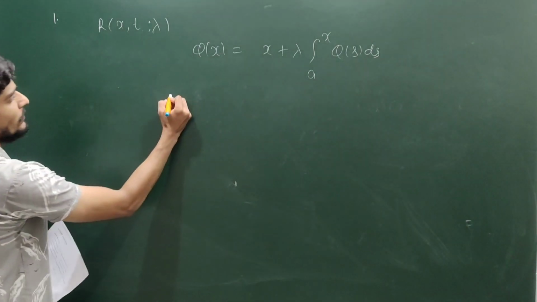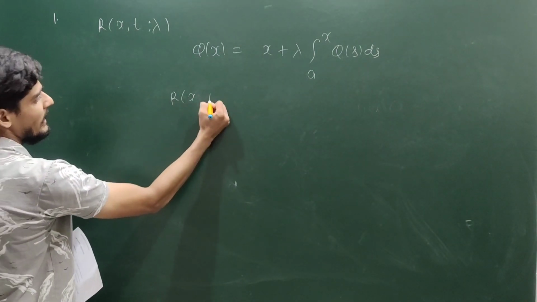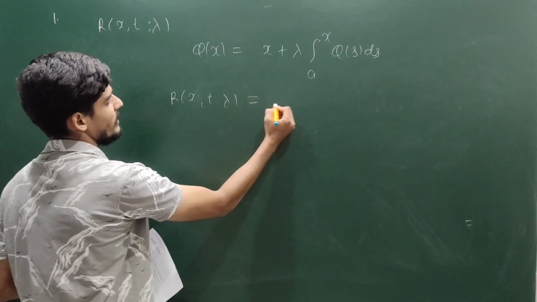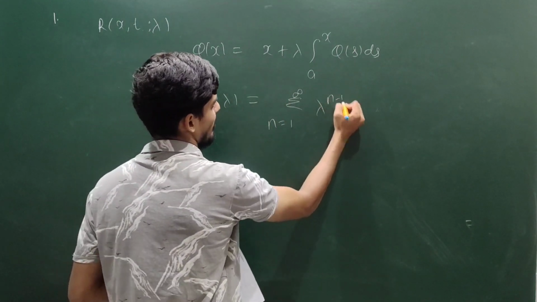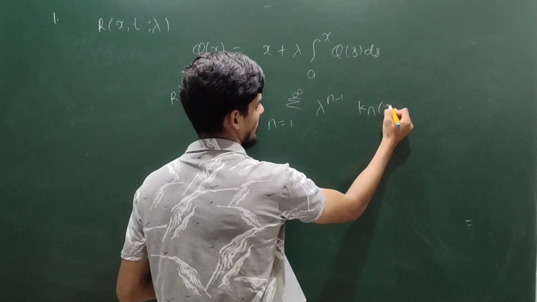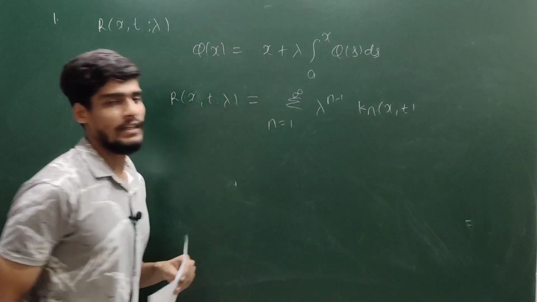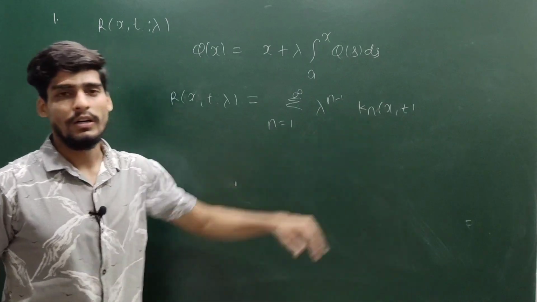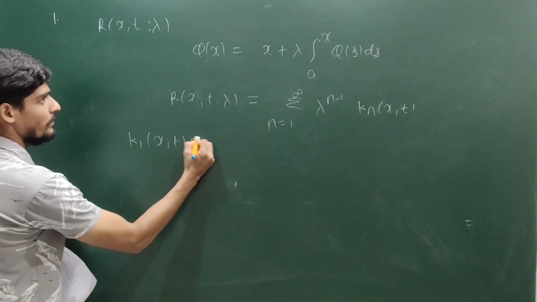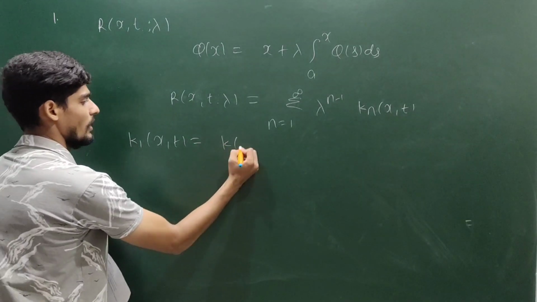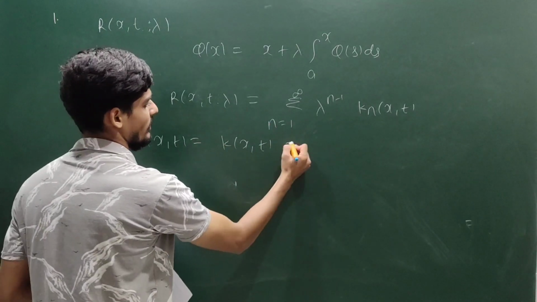In this method, your R(x,t;lambda) is given by summation n running from 1 to infinity of lambda to the power n minus 1 times kn(x,t), where kn represents the nth iteration of your kernel, which is defined as follows. k1(x,t) is simply k(x,t), which is 1 in this case.